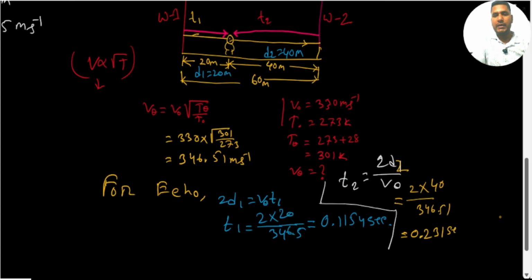For both cases, T1 is greater than 0.1 and T2 is greater than 0.1. That means he can hear two echoes.